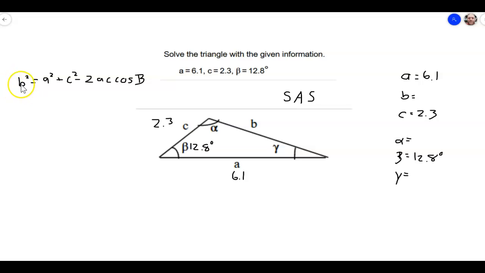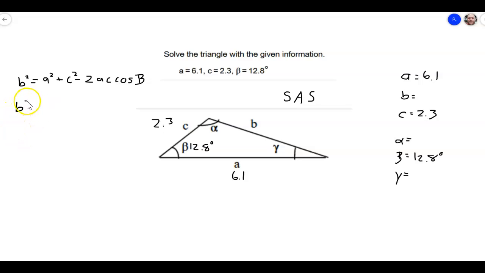So it's the side that you don't know squared equal to the sum of the 2 sides that you know, squared, minus 2 times the product of those 2 sides, times the cosine of the angle that you know. Once we have this formula set up, it's just going to be a lot of plugging in and solving at this point. So let's go ahead and do that.